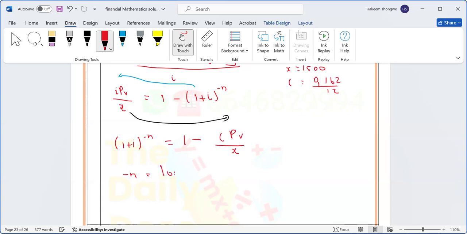given by the log base (1 plus I) of the bigger bracket, 1 minus I PV all over X. Yes, Scott.